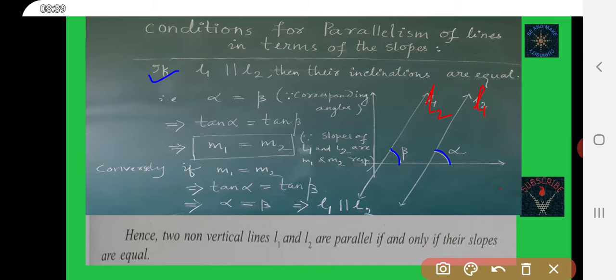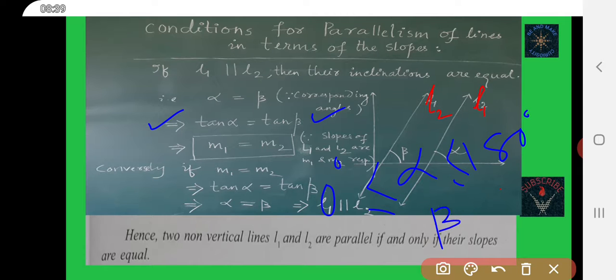That's why alpha is equal to beta, because they are corresponding angles. Understood? So now you can write tan alpha is equal to tan beta, because inclination varies from 0 degree to 180 degree.